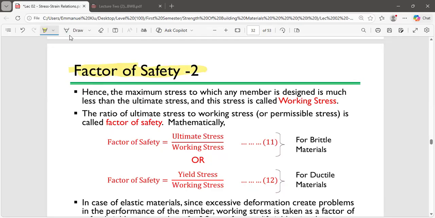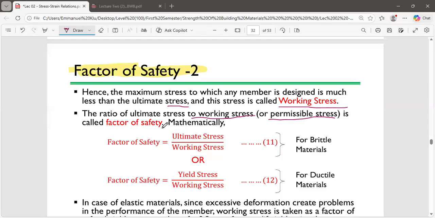Hence the maximum stress to which any member is designed is much less than the ultimate stress, and the stress is called the working stress. The ratio of ultimate stress to working stress, and the working stress is also known as the permissible stress, is called the factor of safety.